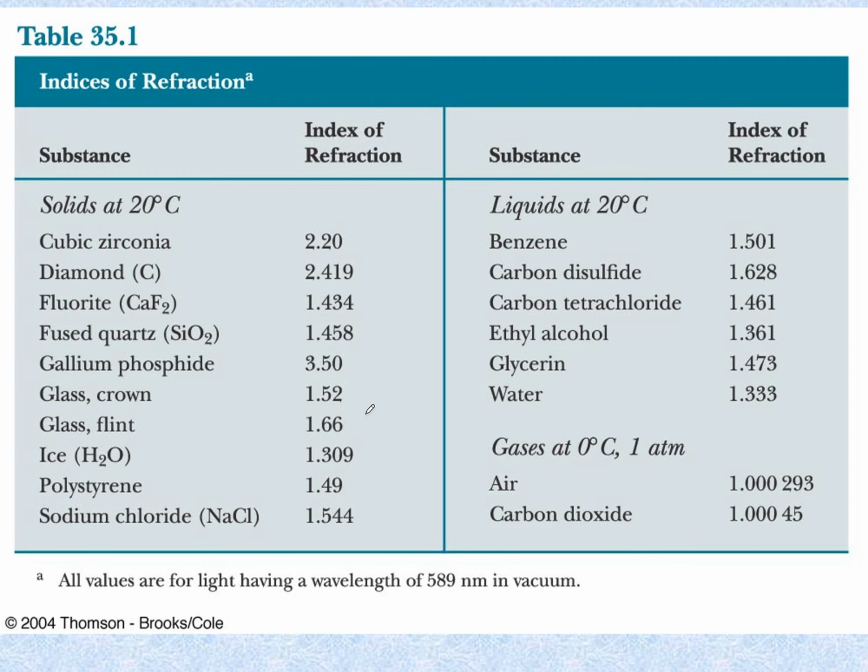Here are the details of the index of refraction for some different media. Normally glass is around 1.52, air is 1, and water is 1.33. These constant values can be used to find the angle of incidence or the angle of refraction.